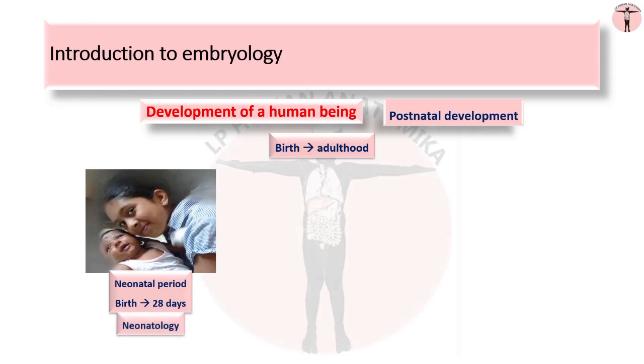The branch of medicine that takes care of neonates is called neonatology. The branch of medicine that takes care of the fetus from 28th week of intrauterine life and newborn up to 6th day of extrauterine life is called perinatology.